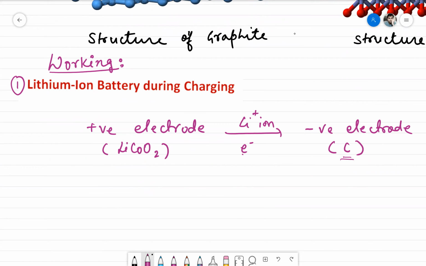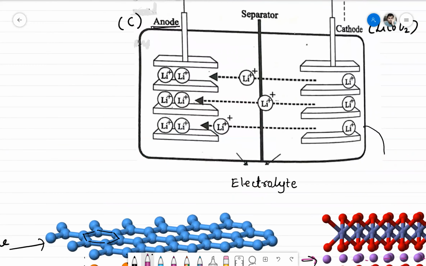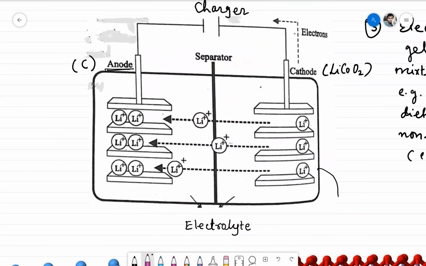So how can we write the reaction? You can see in the diagram what is happening during charging. Let me show you the diagram again. During charging, the lithium ions flow from the positive electrode, the cathode, to the negative electrode, that is graphite, carbon.